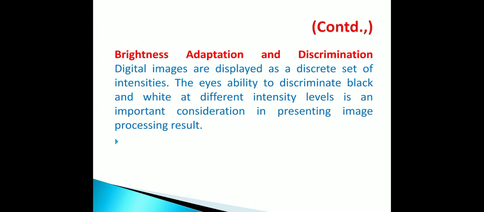Next, we can go for brightness adaptation and discrimination. Digital images are displayed as a discrete set of intensities. The eye's ability to discriminate black and white at different intensity levels in an image is an important consideration in presenting image processing results.